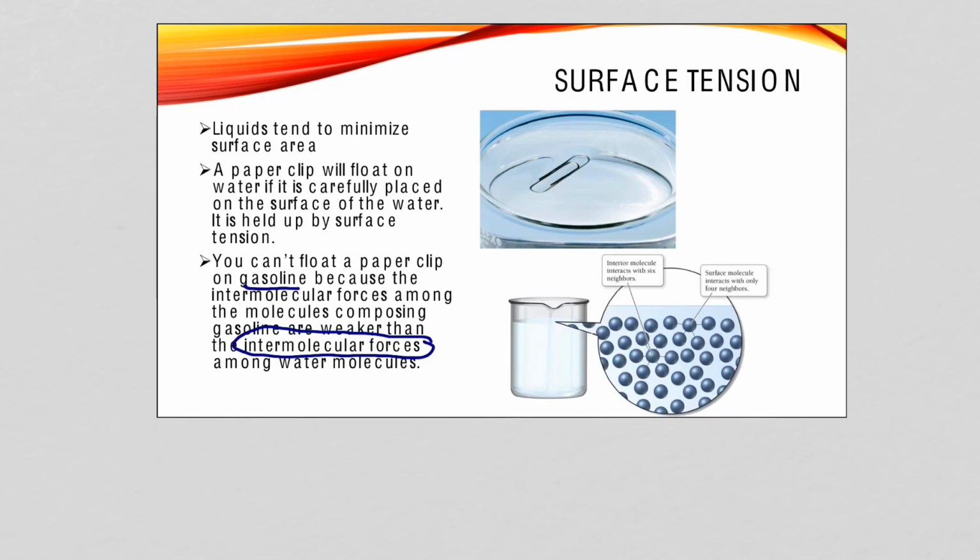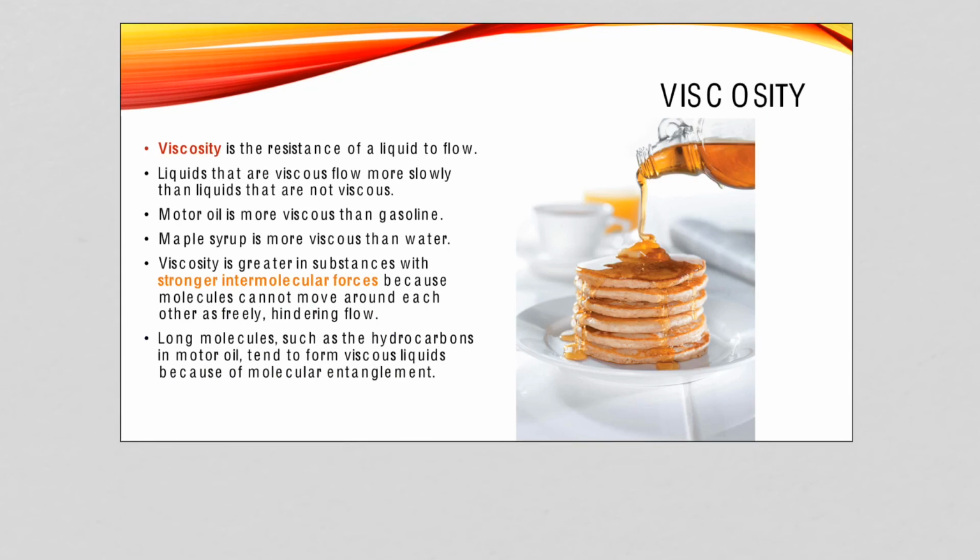And one more, and that is what we call viscosity. Viscosity is the resistance to flow of a liquid. So we think about liquids flowing, but there is a resistance to this flow. Some things flow more slowly than others because of this higher viscosity. And part of that viscosity is due to intermolecular forces.